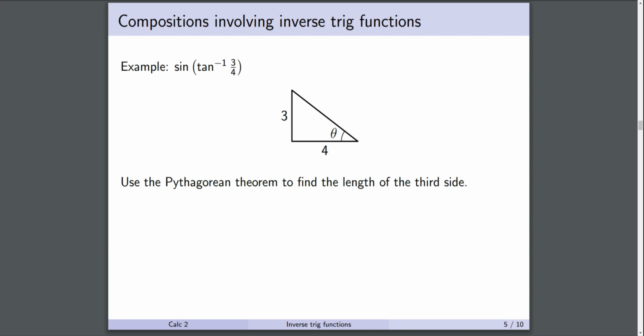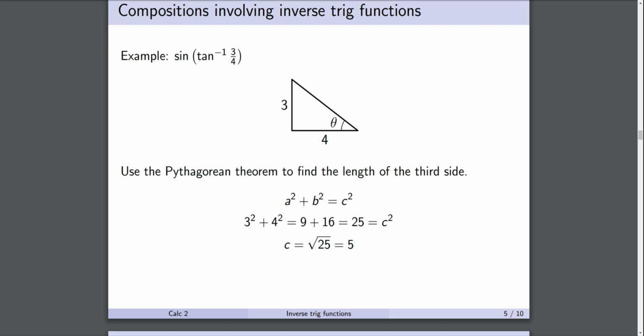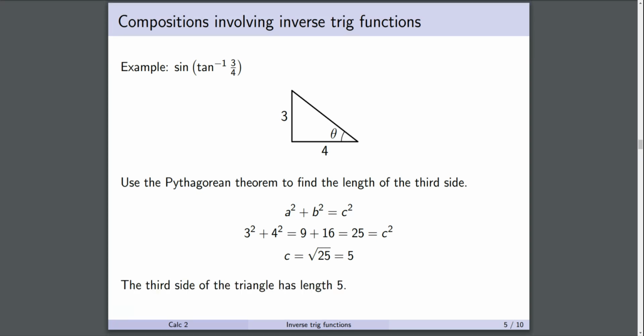If we're talking about a right triangle, we can use the Pythagorean theorem to find the missing side. So I set the algebra up and did that here. In this example, our missing side is the hypotenuse, so just make sure that your unknown is c. In our example here, the third side of our triangle has length 5.